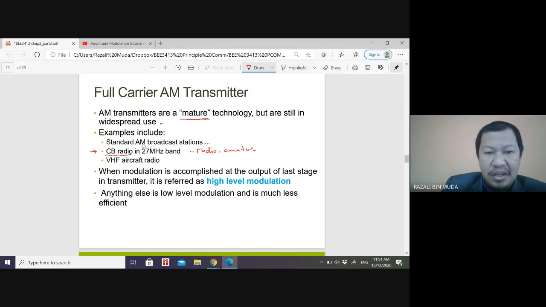You can Google and see what this is. The next is VHF aircraft radio, very high frequency aircraft radio. If you want to know further, you can research on your own. When modulation is accomplished at the output of the large stage in the transmitter, it is referred to as high level modulation. Anything else is low level modulation and is much less efficient.